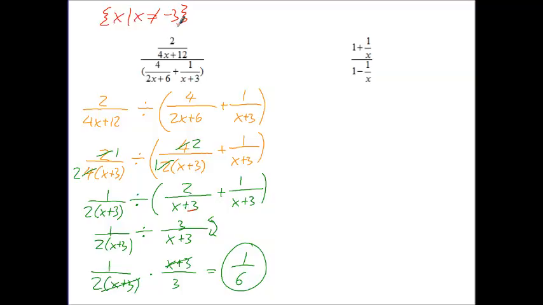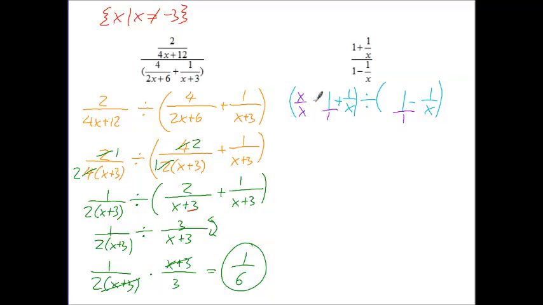On to our last example for the day. Let's rewrite our fraction as a division problem. 1 plus 1 over x divided by 1 minus 1 over x. Let's not forget our parentheses around. So next we are going to give them denominators and find least common denominators, which in this case is x.